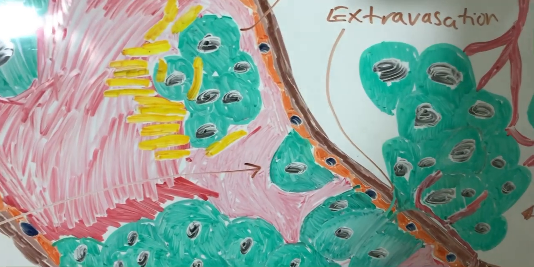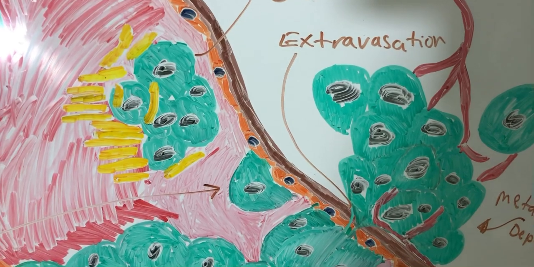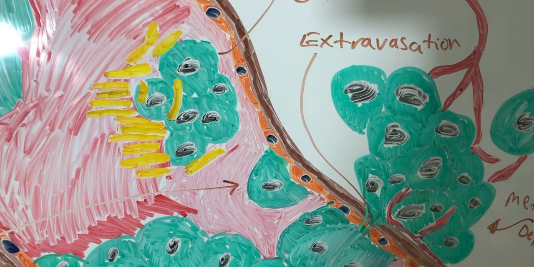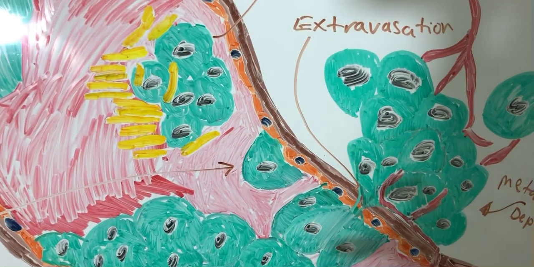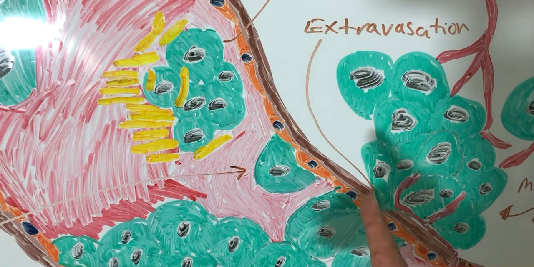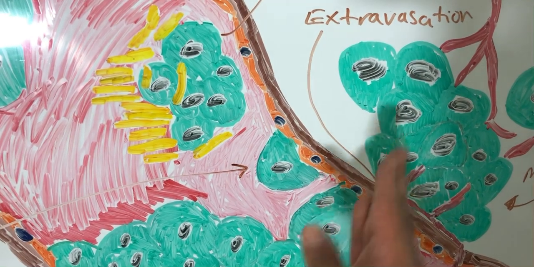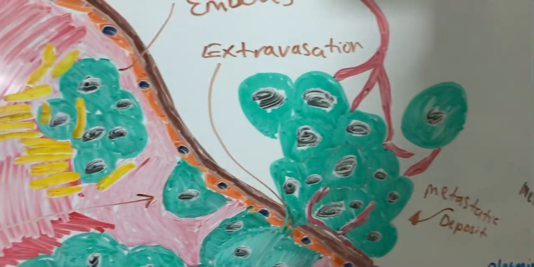Extravasation is when the transformed tumor cells, those metastatic subclones, have successfully traveled through the bloodstream and now adhere to the blood vessel and are penetrating the blood vessel from inside and invading the basement membrane, trying to exit to a far and distant organ.